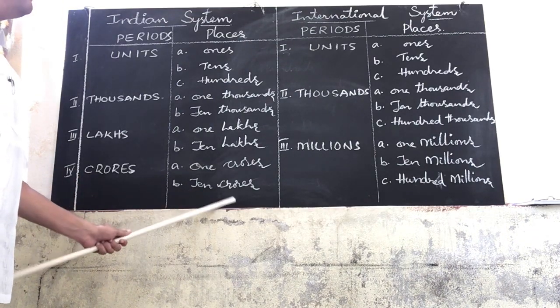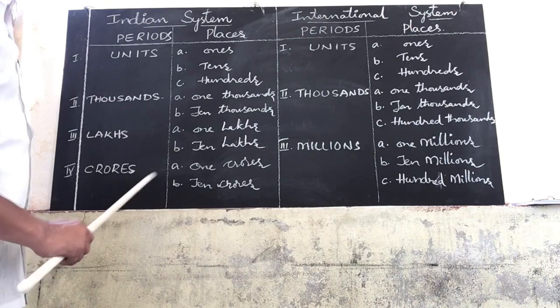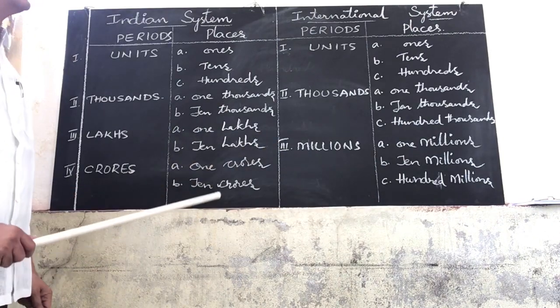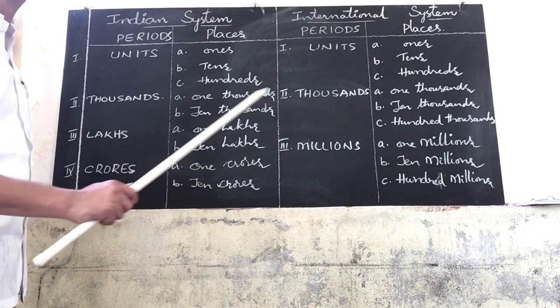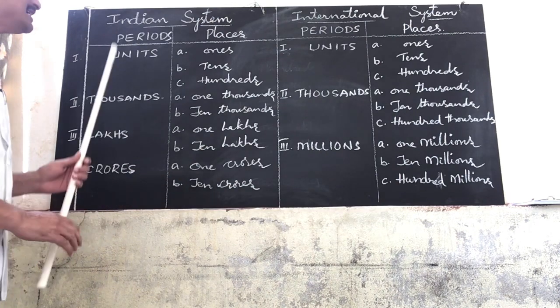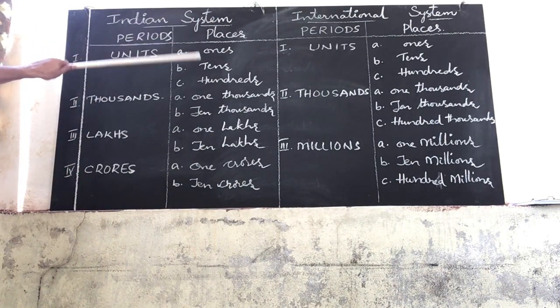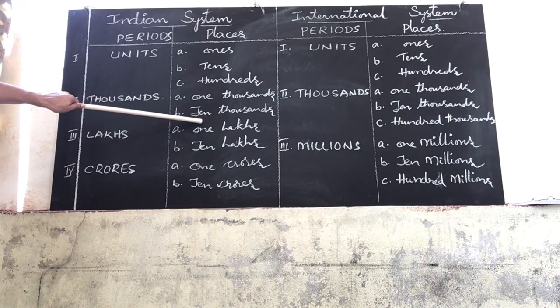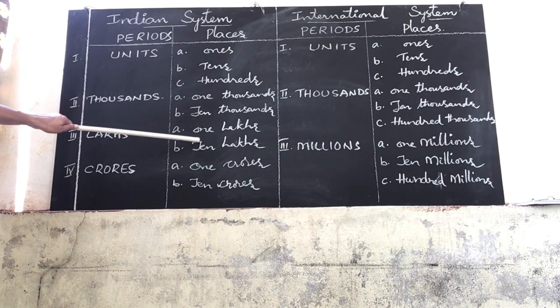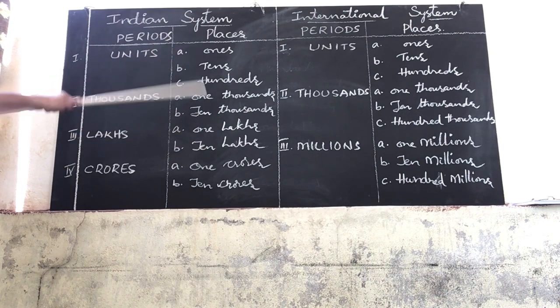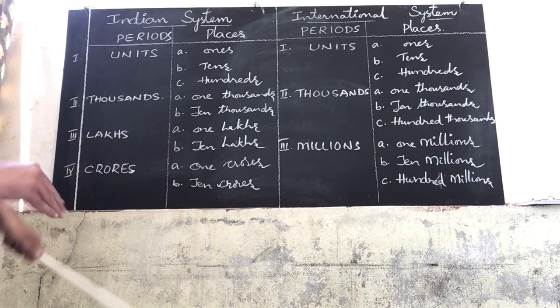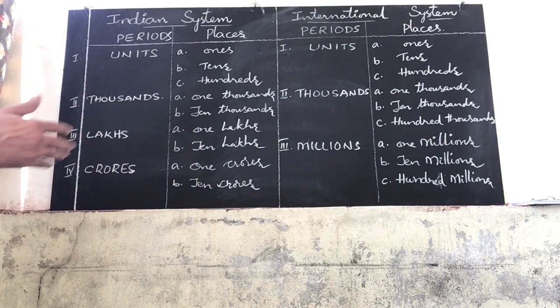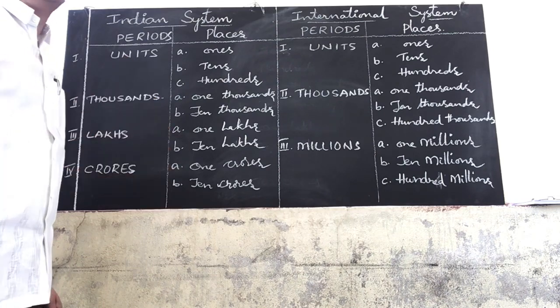This is useful for 4th and 5th class students, who can easily write down the number name. Others can use the units and thousands periods up to 2nd class, and units, thousands and lakhs up to 3rd class students. With the help of these periods, we can easily make them write down the number name and numeral.